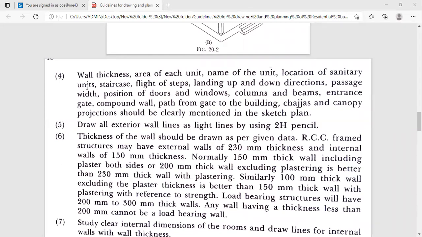At the time of provision of doors and windows, you have to take due care so that sufficient ventilation is obtained and natural things benefit the inmates or occupants, who should benefit from the natural gifts. Then columns and beams, you also have to show the position where you are going to provide the columns and beams.